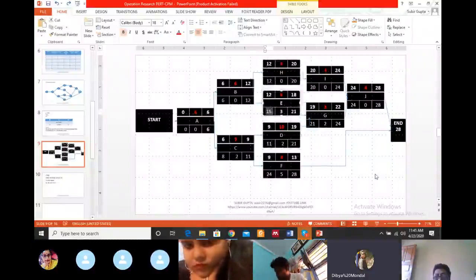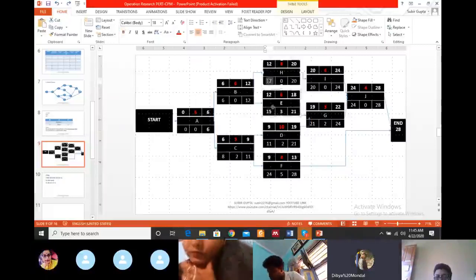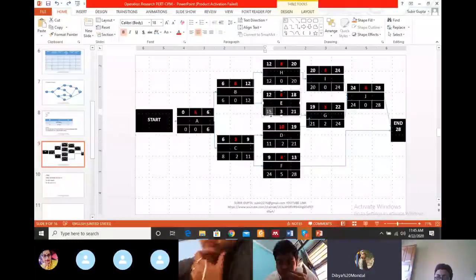In backward path, you have to consider the minimum value. So what is the minimum value of the LS? 12. So for B, LS is 12.